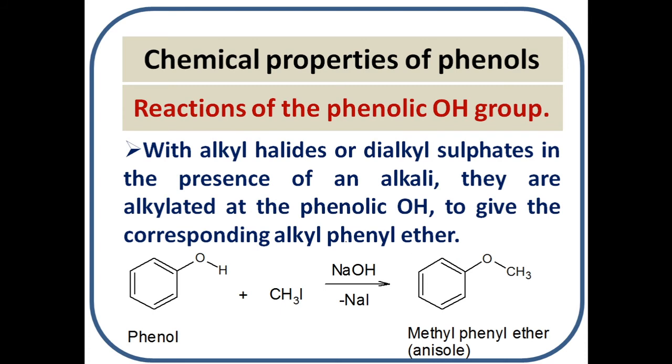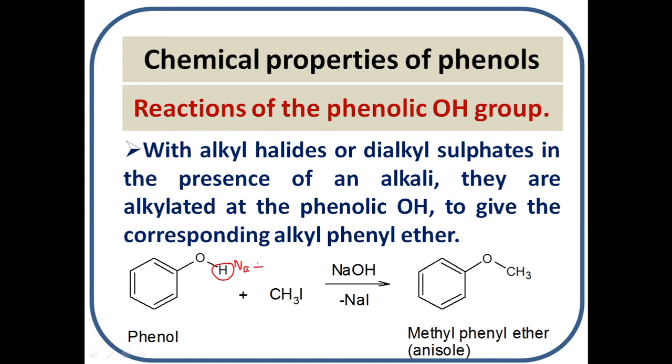Next reaction is with alkyl halides or with dialkyl sulfates. Again, in the presence of alkali, the phenol will be alkylated at the phenolic OH. This H will be alkylated. So in the alkaline medium, first of all, this H will be replaced by Na.